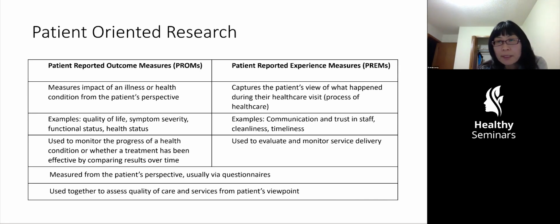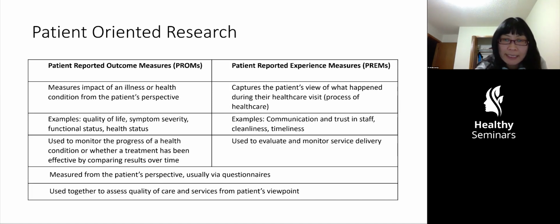The PREMs, the experience measures, look at the patient's view of what is happening during their health care, whether it's a visit or the process of care. Examples of the types of information or data collected using the PREMs include things like time spent waiting.